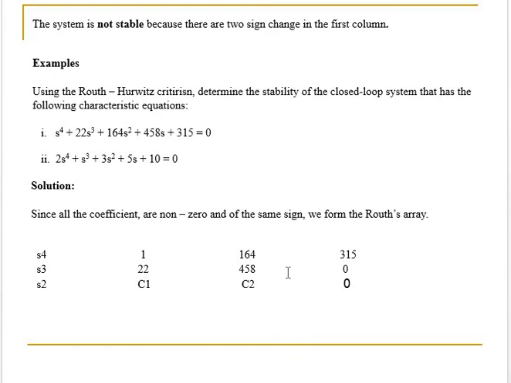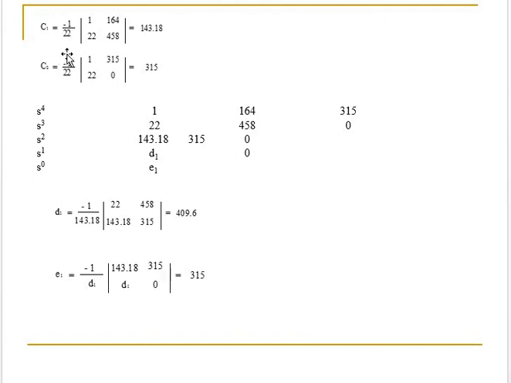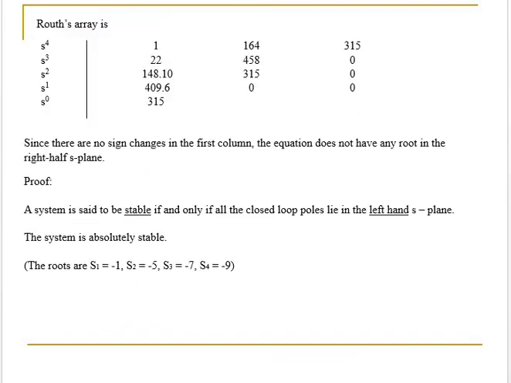There is C1, C2, and then C1, C2 we get this, and then there is the result. And D1 and E1, that is the value for D1, and there is the value for E1. Okay, all we see is positive.